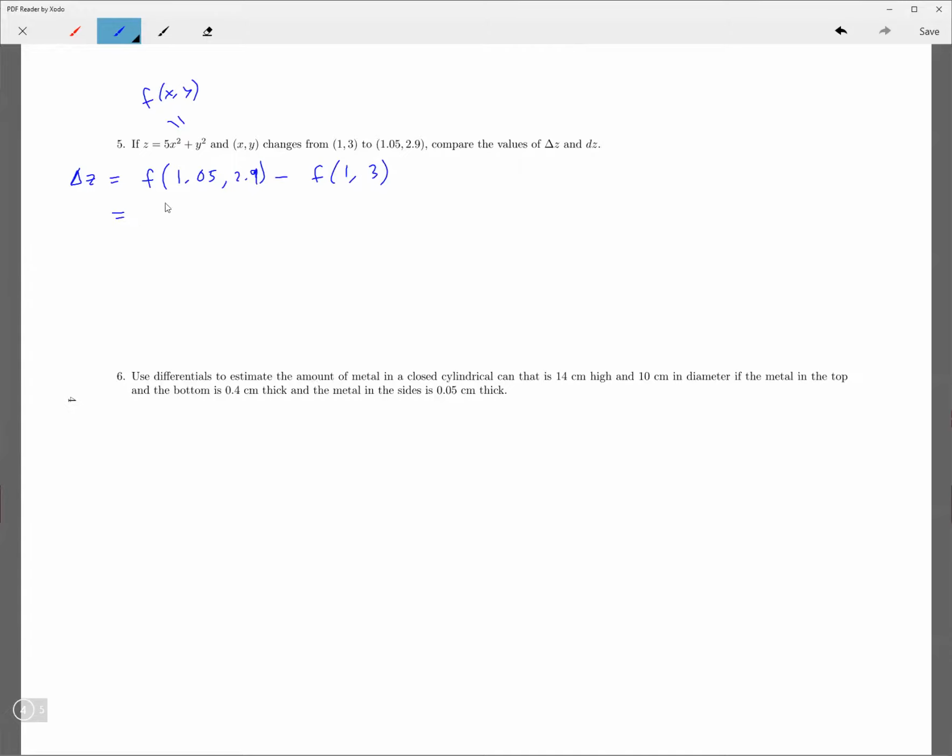Like that. So let's see, plug in 1.05 for x and a 2.9 for y. And that's your f of 1.05, 2.9. And then you plug in a 1 for x and then a 3 for y.